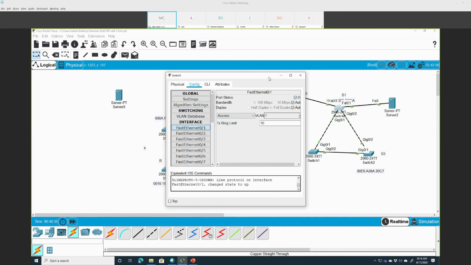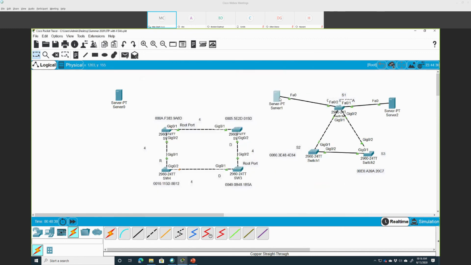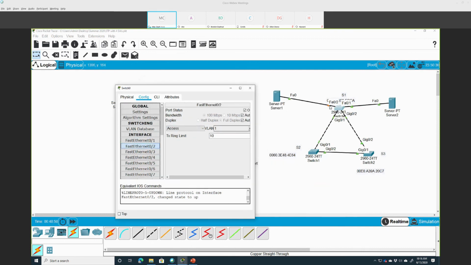If you do the same thing on this one here, which is F0/2, and disable it and put it back, you see this is going to take forever, because this one is not enabled with PortFast.